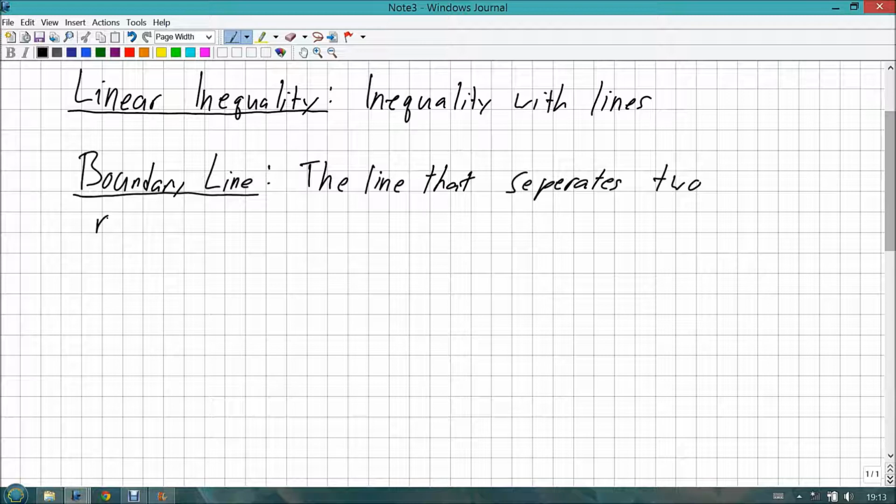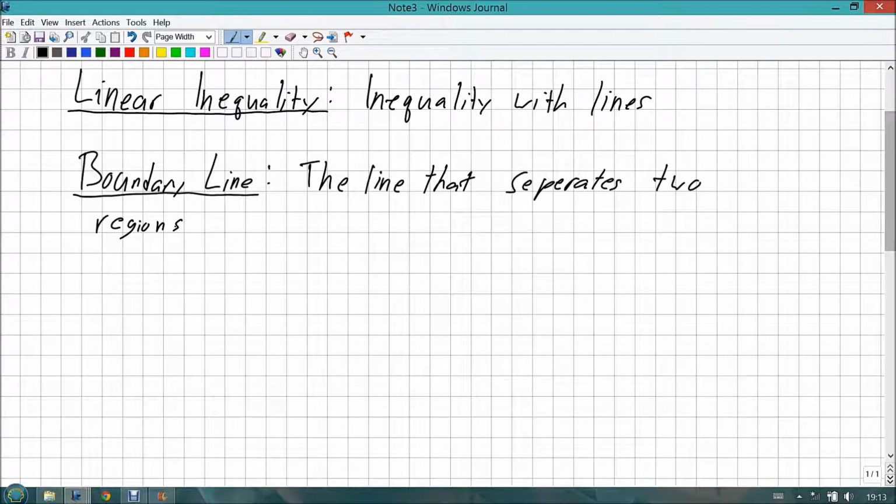For an example, we have a boundary line with our northern friends, the Canadians, who are pretty cool. But the line that separates 2 regions in math deals with first graphing that boundary line and then exploring it.